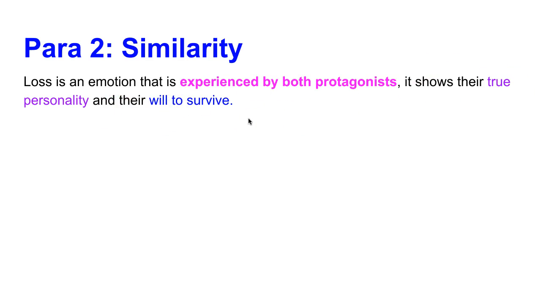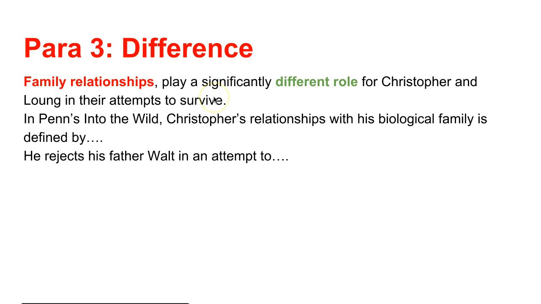So again, where they're both similar in terms of loss, the experience of loss, it might cause them sadness, pain, etc. How it reveals their true personality, what they become like as a result of loss, and that might be determined, powerful, or whatever, and their will to survive, and that's quite connected to that one there.